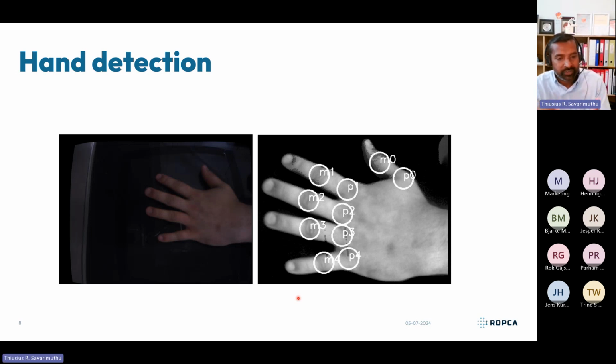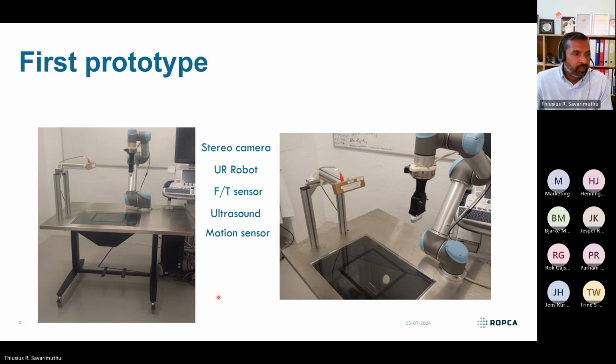This was kind of the first version of the robot where we did everything based on image pipeline, where we built everything from the ground up, including the vision pipeline and the force pipeline. So based on these developments, we created the first platform.